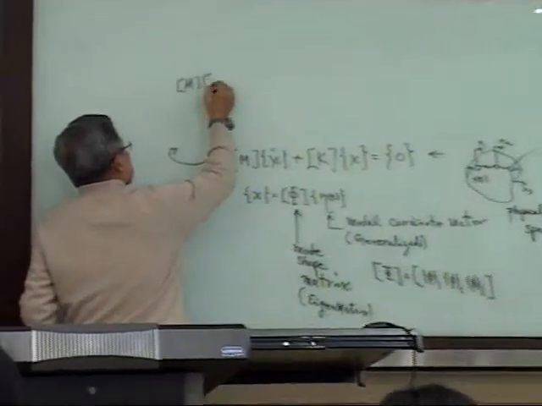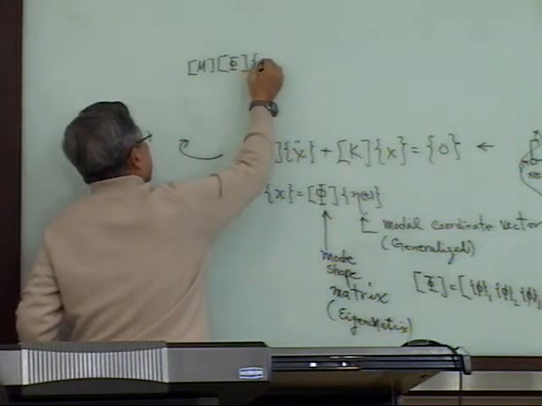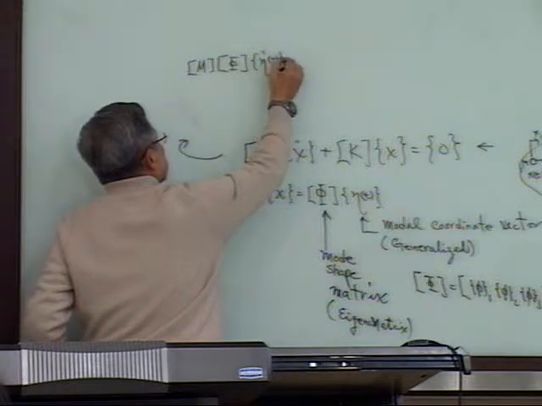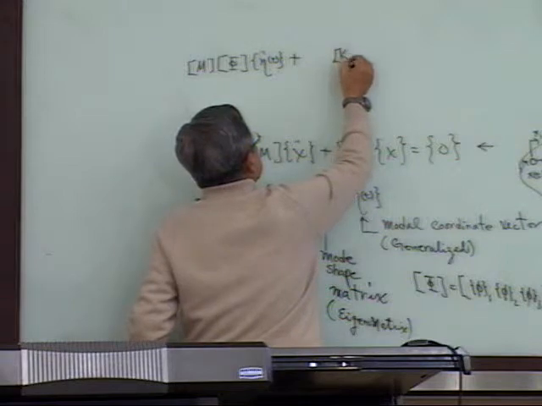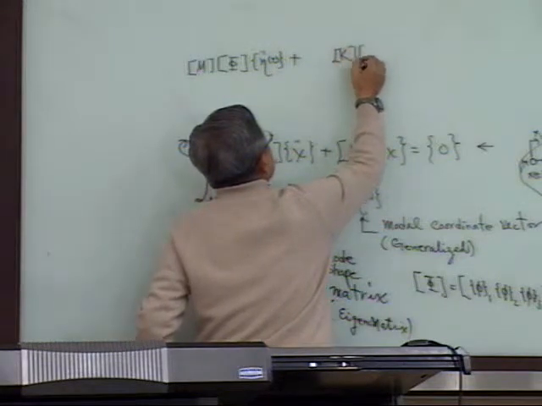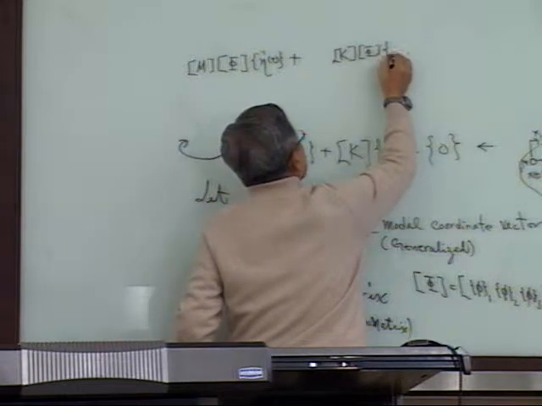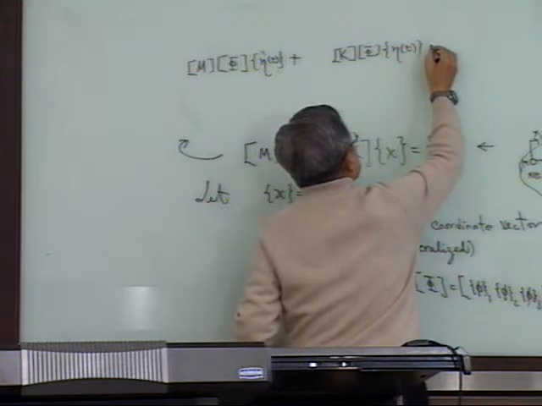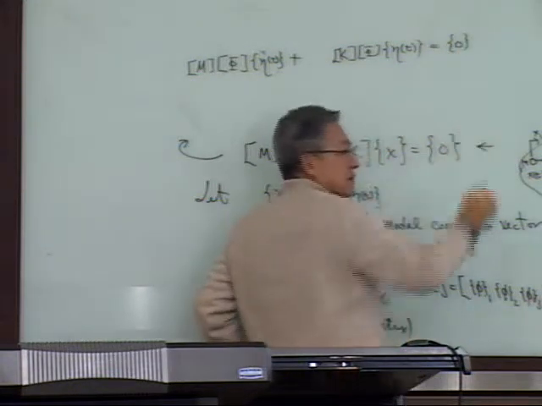M times x double dot is phi eta double dot, which is a function of time t, plus k phi eta of t, is equal to 0.